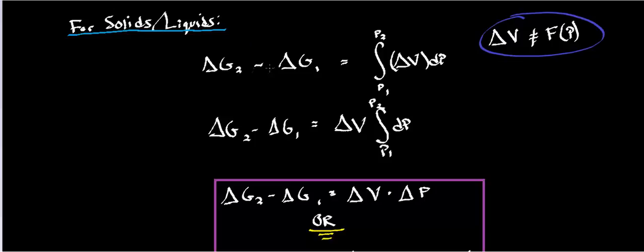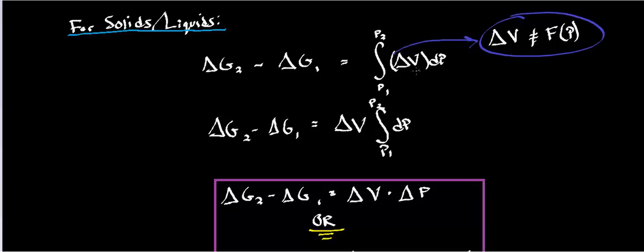Delta G2 minus delta G1 is equal to this integral that I had before, from P1 to P2 of delta V times dP. Now, we just said that delta V in the case of solids and liquids is not really a function of pressure. Well, if it's not a function of pressure, it's a constant, basically, if you're integrating with respect to pressure.